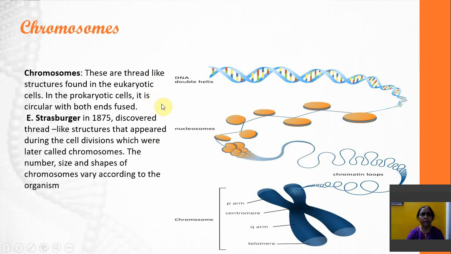Like in the case of bacteria, there is a highly coiled circular chromosome. They were first discovered by Strasburger in 1875. Now these chromosomes, as I told you earlier, are highly coiled during interphase, and it is called as chromatin network. They condense only during the cell division stage. You can only see the arms of the chromosome during cell division stage.